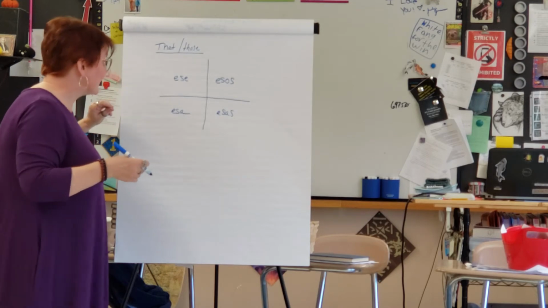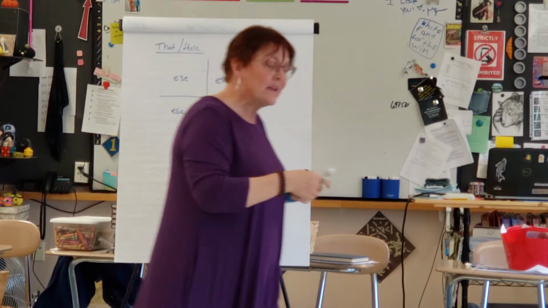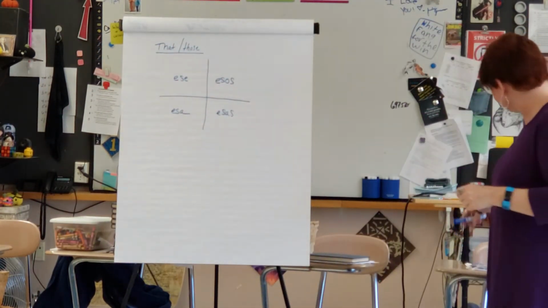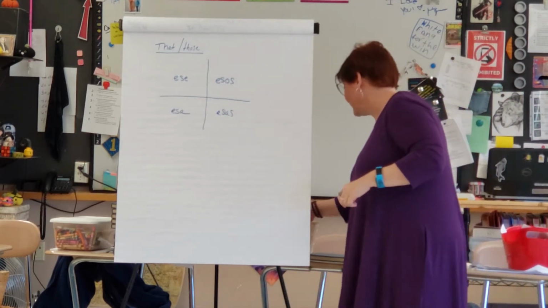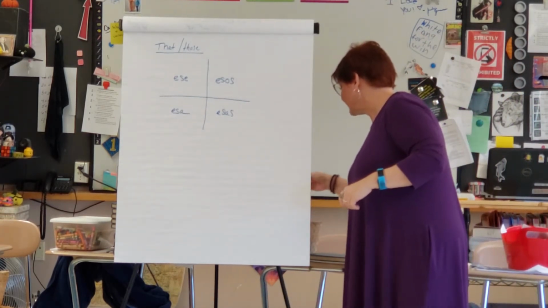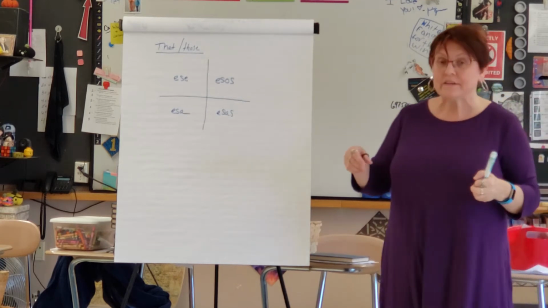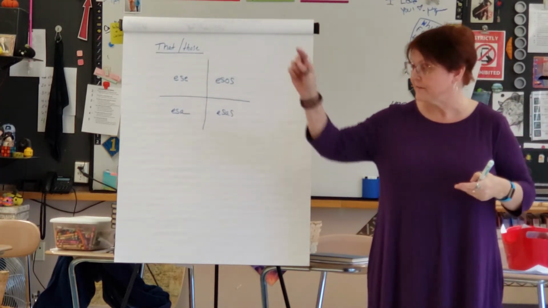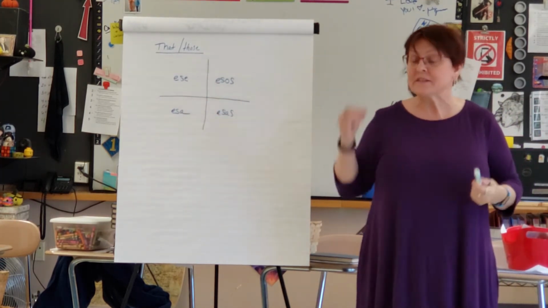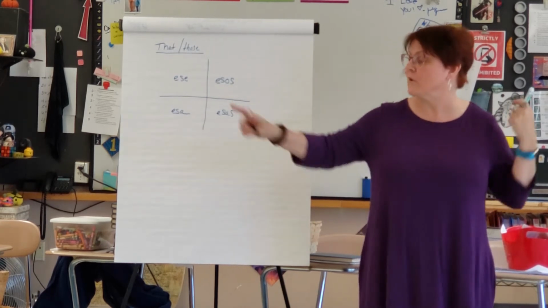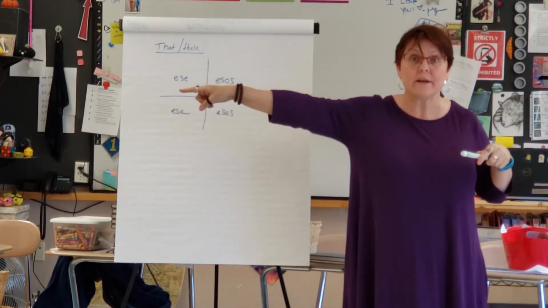So pretty easy. So there's one thing that Spanish does that we don't do in English. In English, we can say this, that, and that one over there. In Spanish, they have a whole set of words for that one or those ones over there.